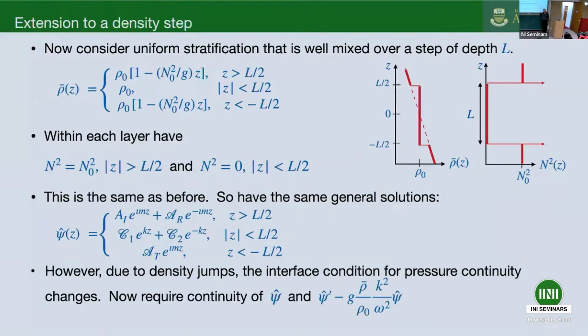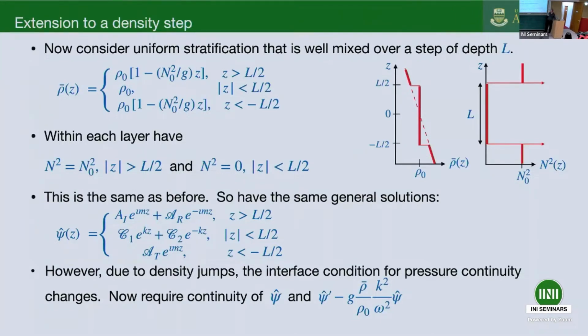When you have a density jump, it's not that the derivative of the stream function is continuous, but it's this combination that involves the density just above the interface and just below the interface, effectively giving you a reduced gravity, a g prime. That's the combination that must be continuous. And this just pops out of having pressure being continuous across the interface.